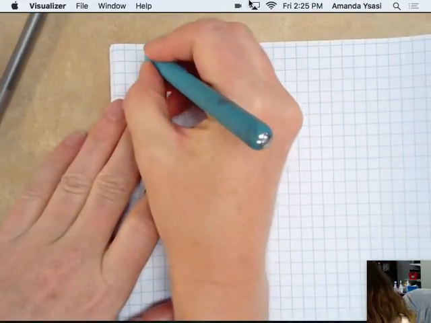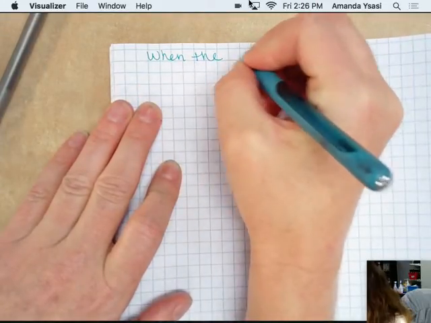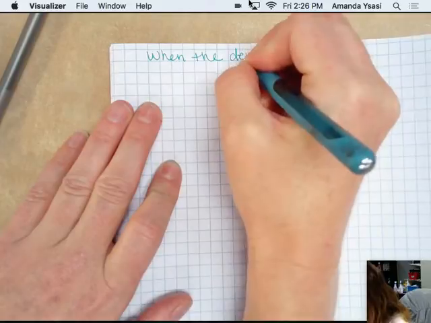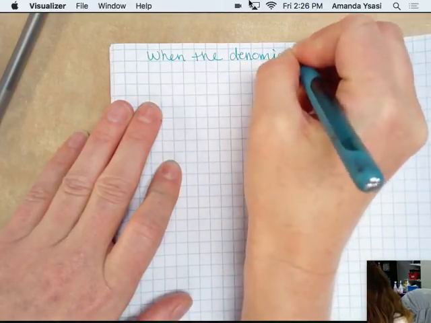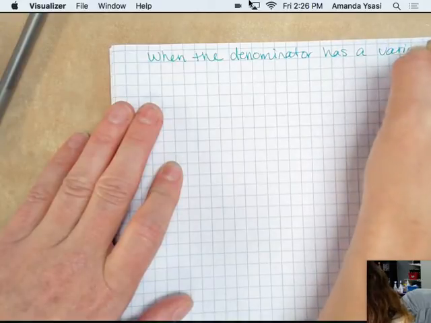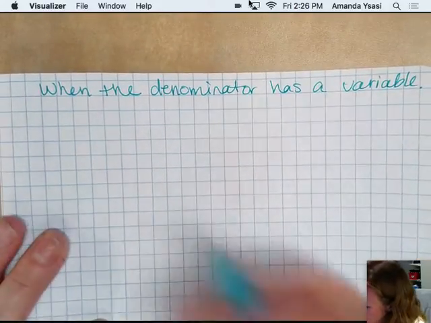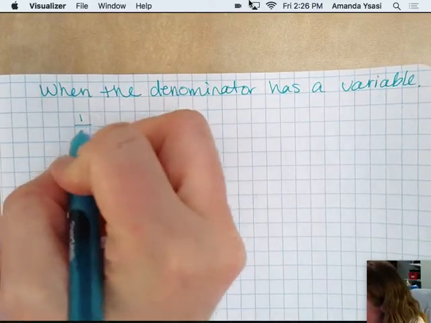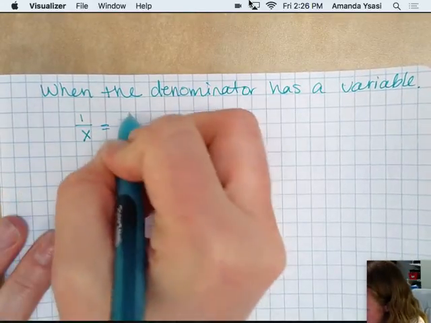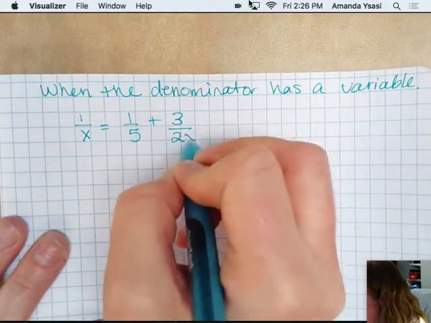Okay, let's look at cases when the denominator has a variable. So an example of this would be 1 over x equals 1 over 5 plus 3 over 2x.